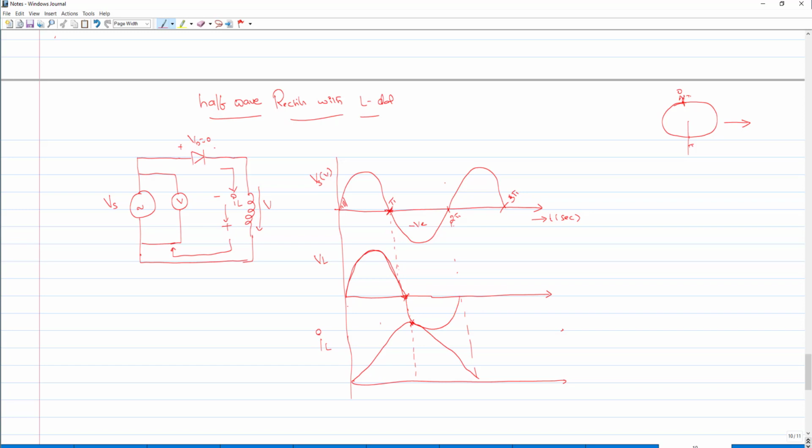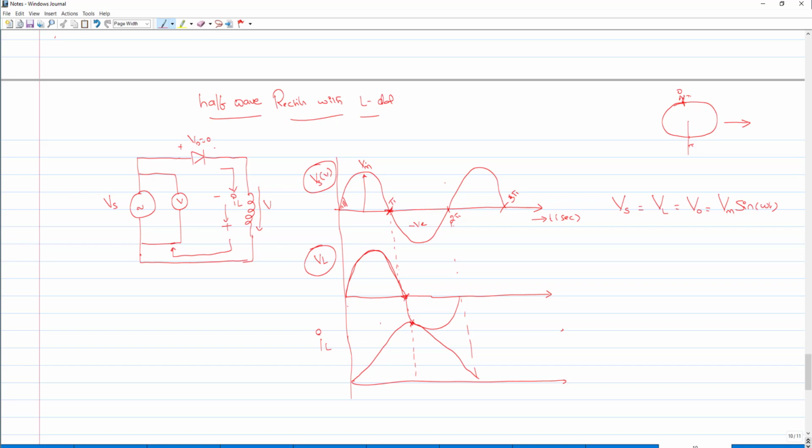If you observe carefully, the source voltage and the load voltage look the same. So I can simply say that the source voltage Vs is equal to the load voltage VL, which is equal to the output voltage V0, that is equal to Vm sine omega t. Here I assume that the peak of this signal is Vm.